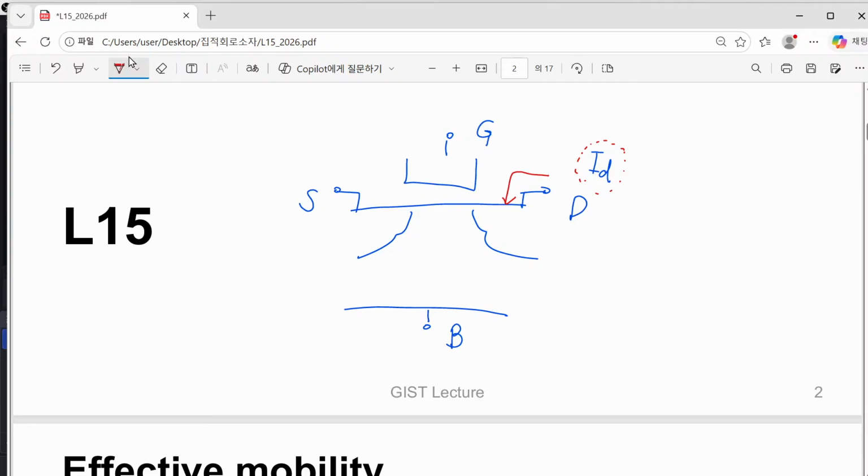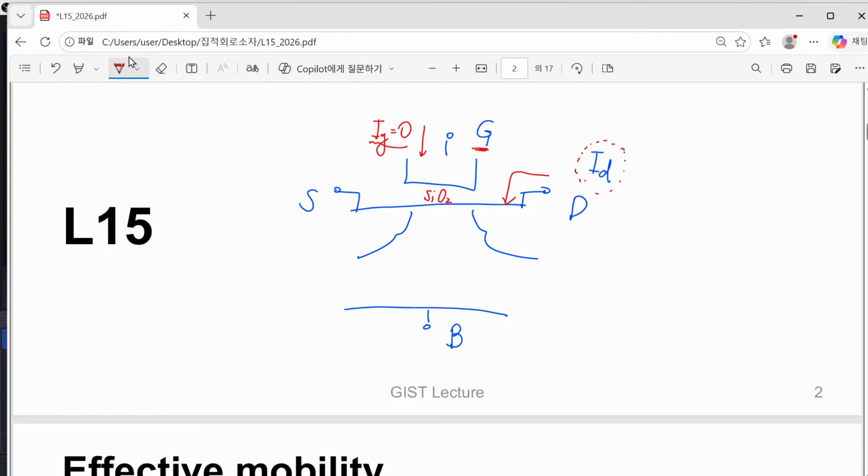The reason is quite obvious: we assume that the metal gate is perfectly isolated from the channel by a very good dielectric layer, so no current is allowed. From this assumption, the gate current is always equal to 0 in an ideal case.